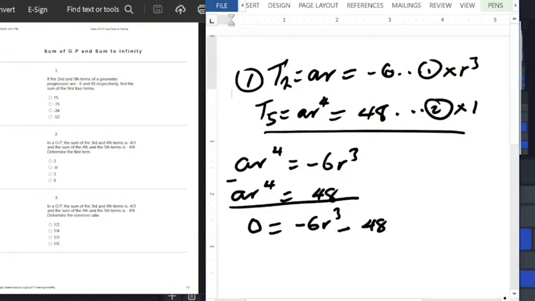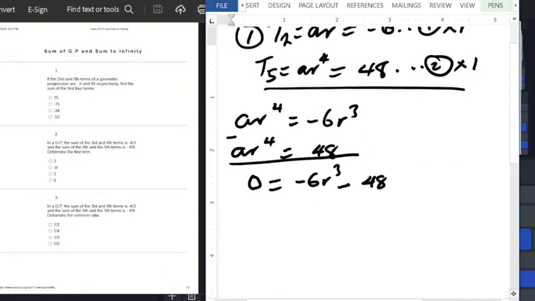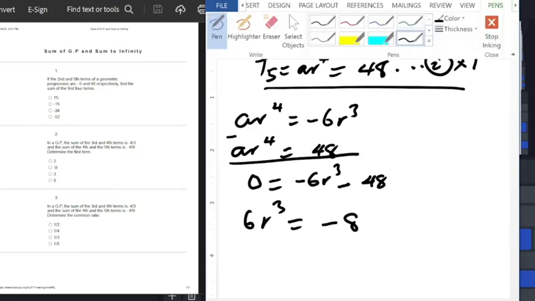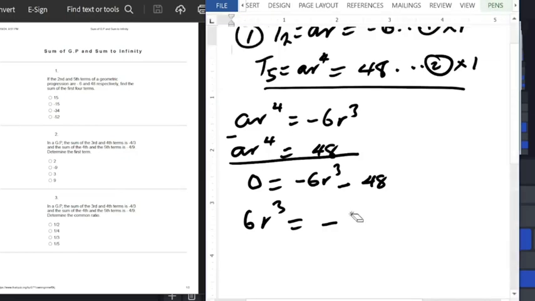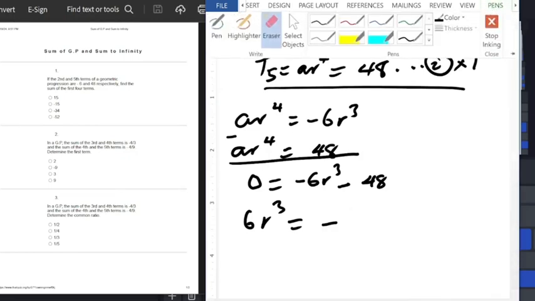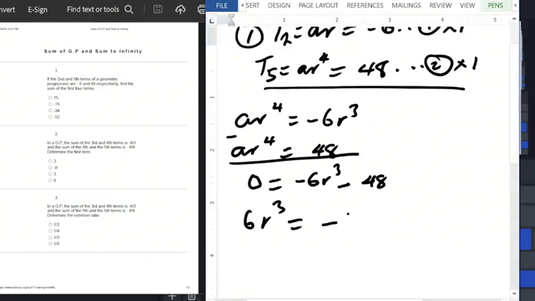Then you now make -6 R cubed the subject, so we have 6 R cubed equals -48. Then divide both sides by 6.